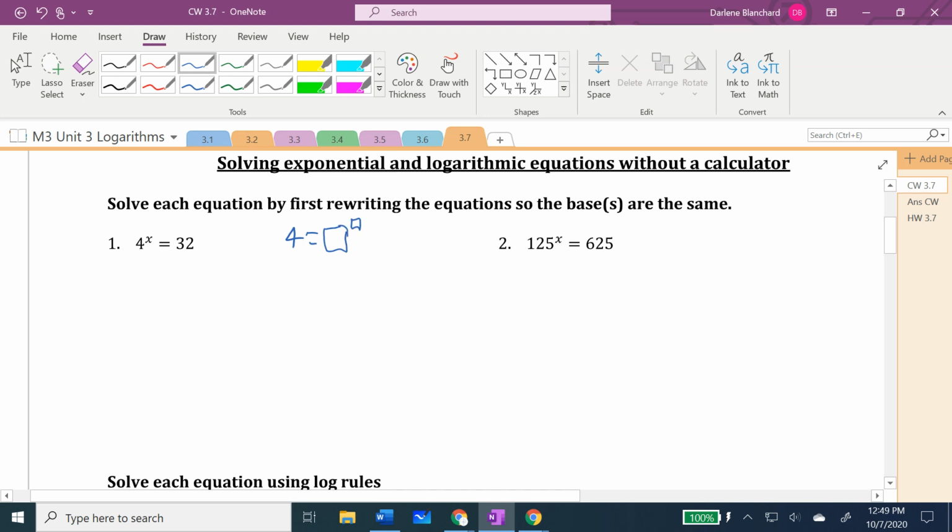Yes. I think it's 3 would be 32. For 32, that's actually 2 to the 5th power. Huh? Oh. Wait.